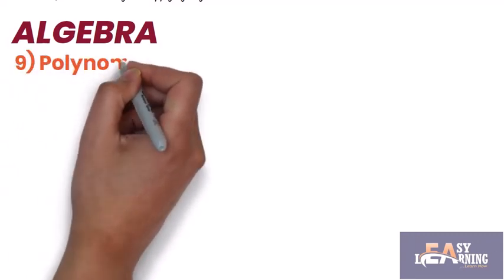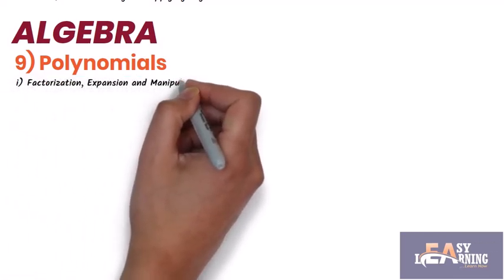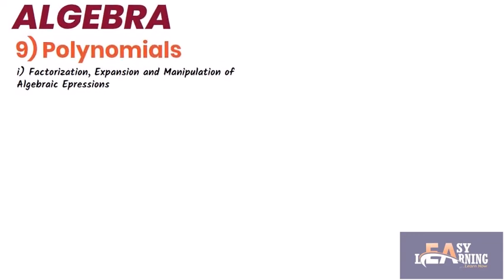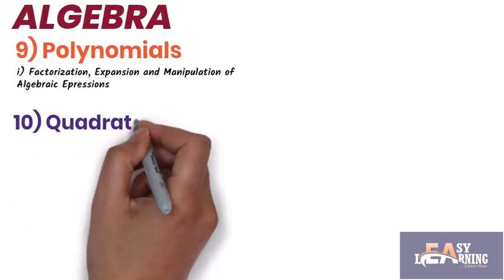Under algebra, we have so many things that we're going to be looking at. We look at polynomials: factorization, expansion, and manipulation of algebraic expressions. We now move into quadratic equations.